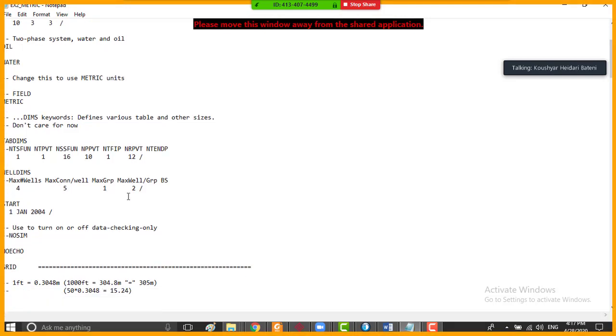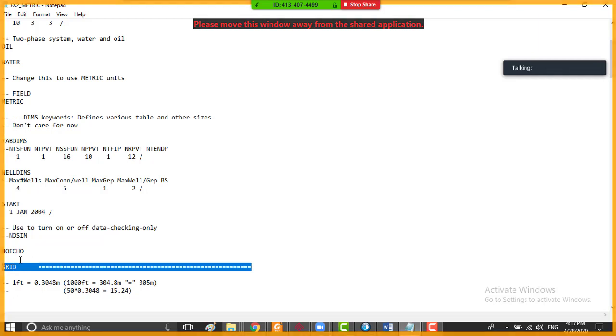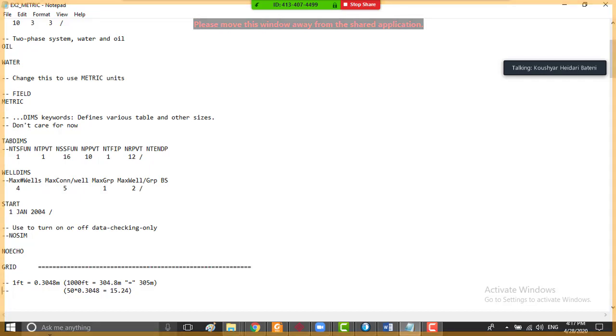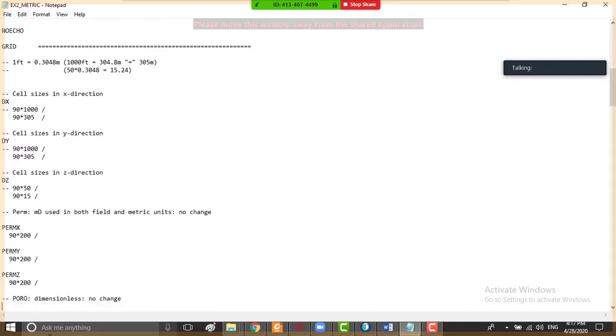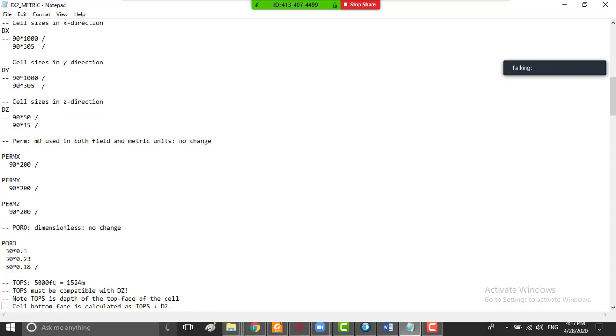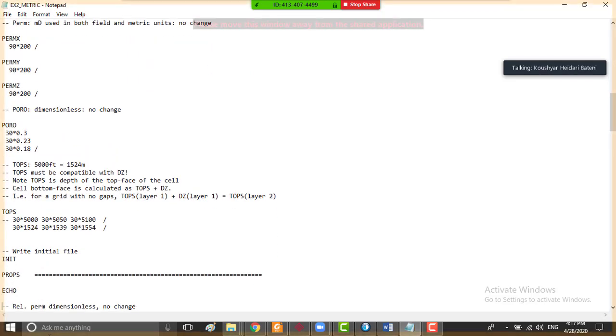Now, the next section of data in Eclipse is the grid section. Okay? What about the grid section? In the grid section, what do you do?